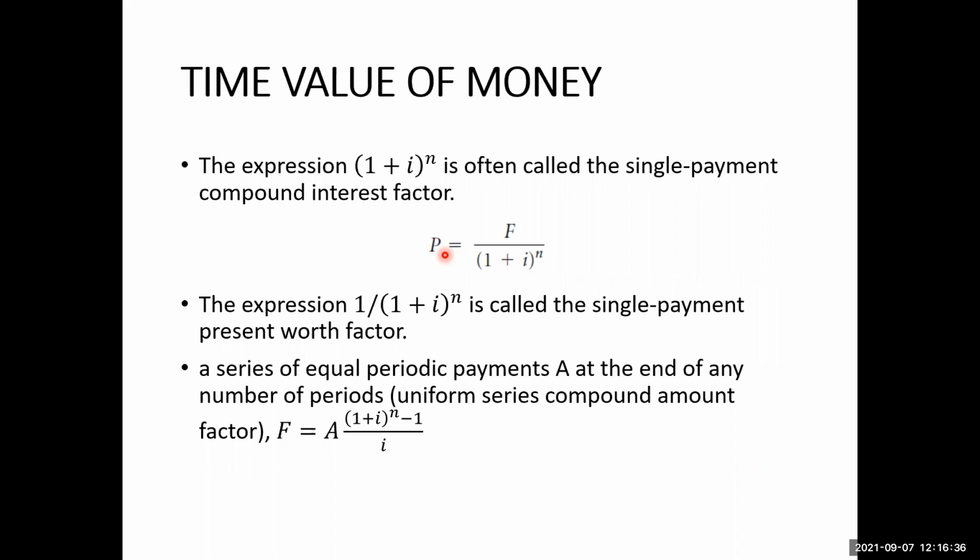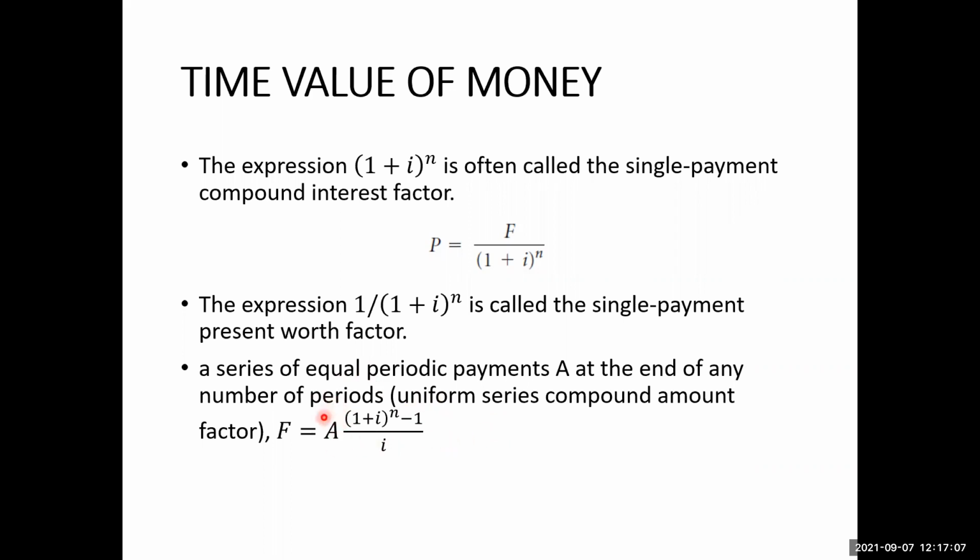In another case, we can deposit on an annual basis or on a monthly basis some amounts which are equal to A. Instead of depositing $12,000 at the end of 1 year, you may also choose to deposit $1,000 every month for 12 months.